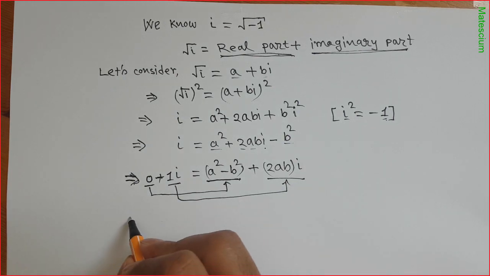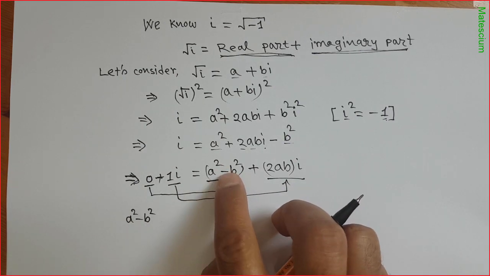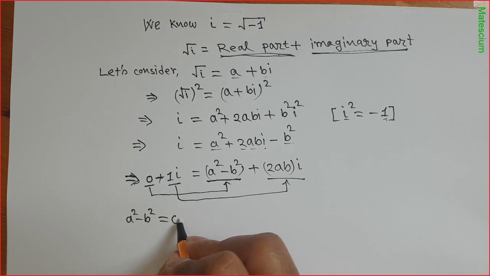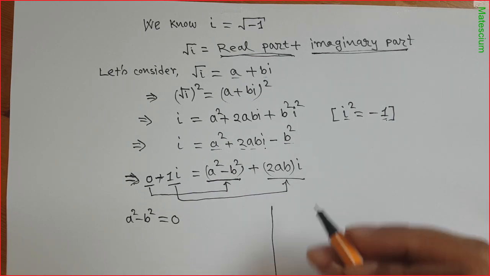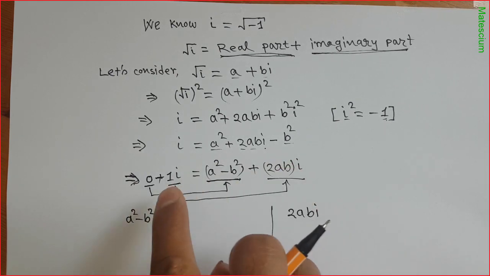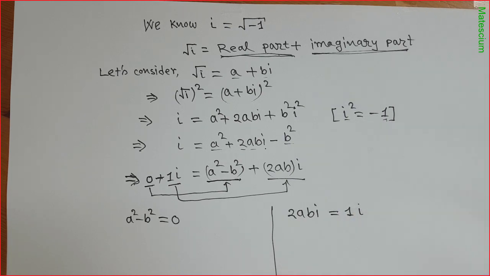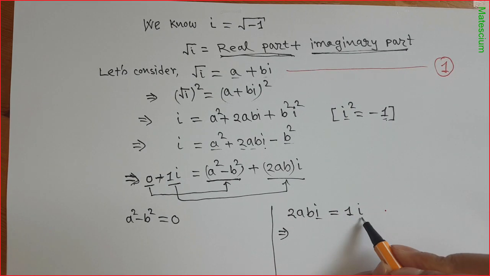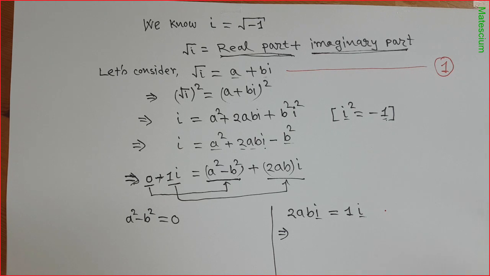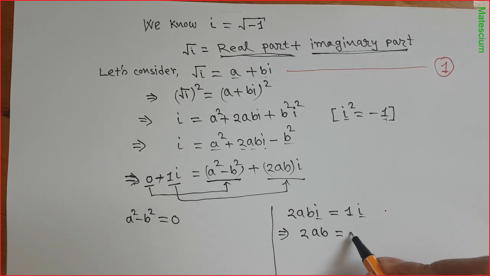That means a square minus b square is equal to 0, and 2abi imaginary part is equal to this imaginary part, which is 1i. Look at here, this i and that i, they cancel each other and remaining is 2ab is equal to 1.